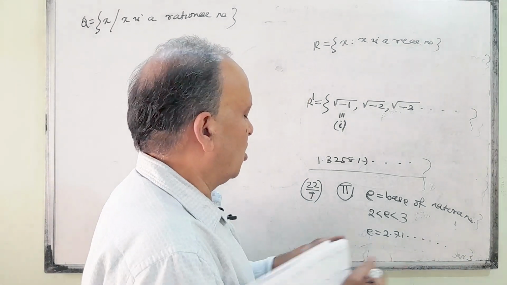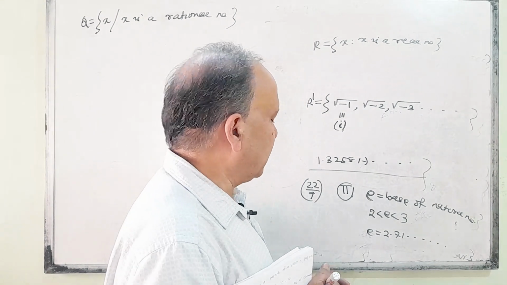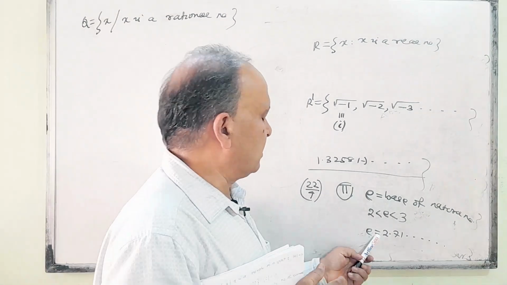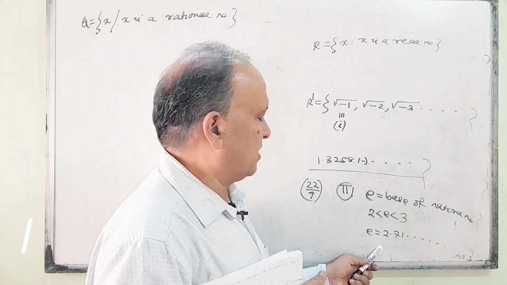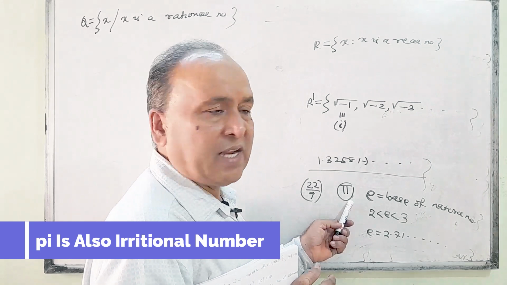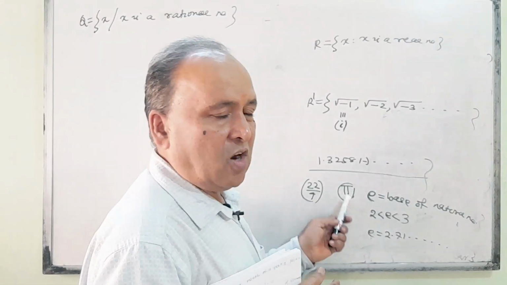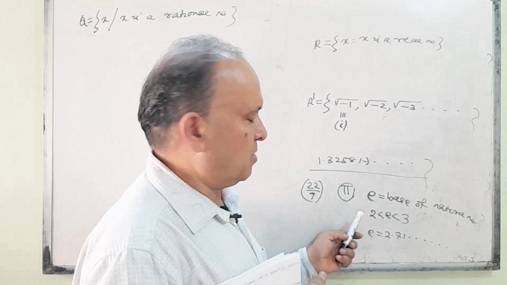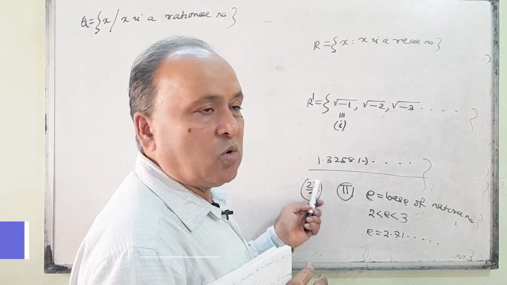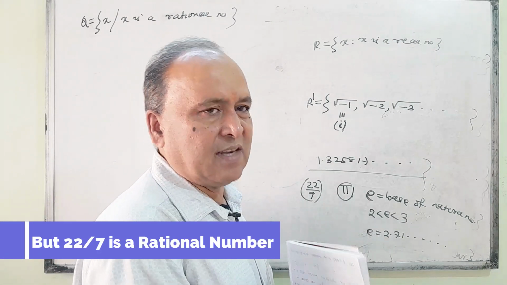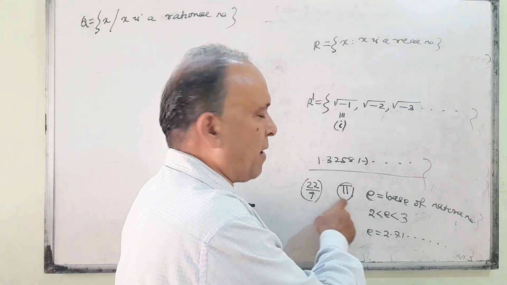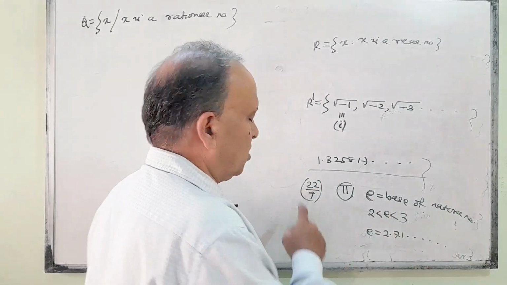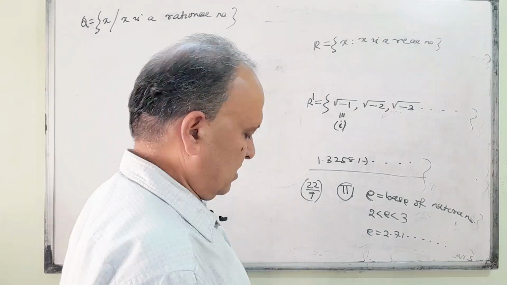This is also a non-recurring, non-terminating decimal number, so it is an irrational number. Pi is also an irrational number because pi is a non-recurring and non-terminating decimal number. But 22/7 is a rational number.